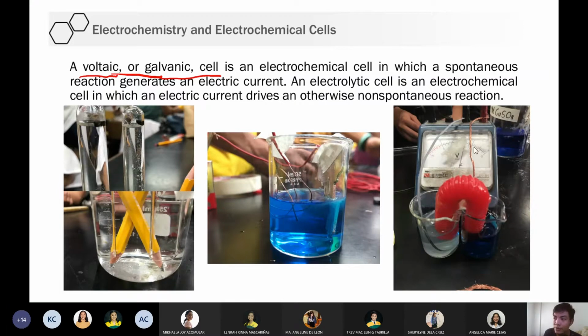If it's galvanic, the reaction will happen and it will provide electricity. This one is the opposite. You have to provide electricity for the reaction to happen. So those types of cells that need electricity for the reaction to happen are called electrolytic cells. Okay? So these are two examples.